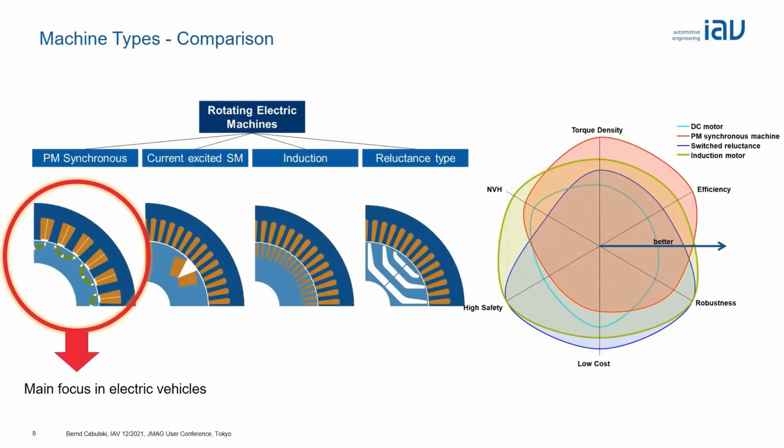Whenever you turn a permanent magnet machine, there is an induced voltage that you have to care about. Besides that, all the other machines have different strengths and weaknesses, and they have also their application in the electric vehicle industry. Especially the current excited synchronous motor is very popular in Germany due to no use of rare earth materials and also good safety properties.